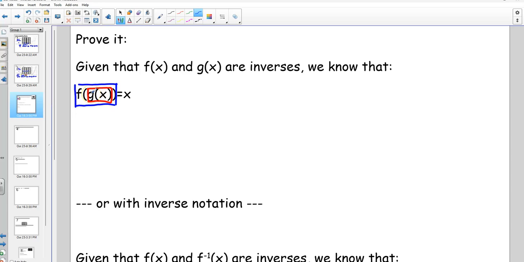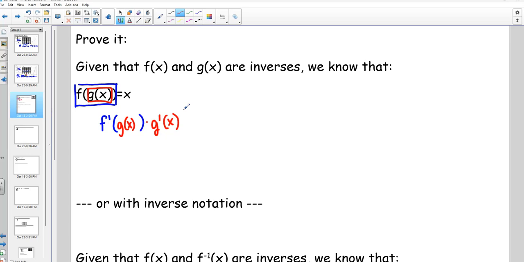How do I write that? F prime. So it's f prime of the stuff. I don't mess with the stuff. It just stays g of x. But then I have to use a chain rule here, so I've got to multiply by the derivative of g. What is that going to be? G prime of x.